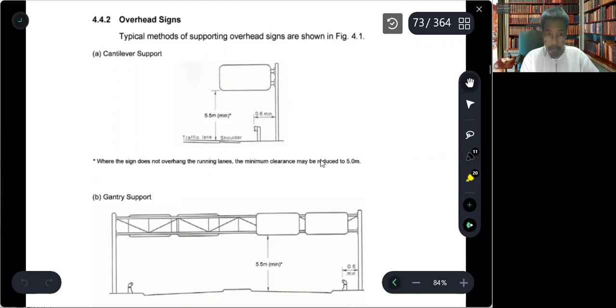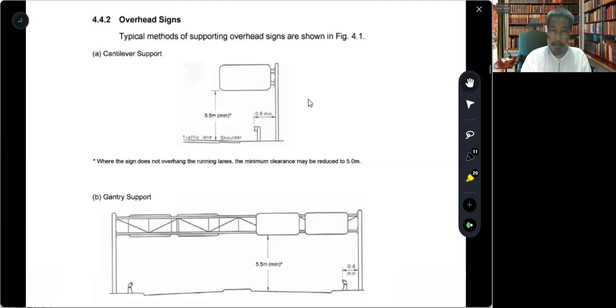So 5.5 meters, and if there are safety railings on the side of the road like this, as you can see, that is supposed to be 0.6 meters from the post, from this cantilever post, 0.6 meters minimum.